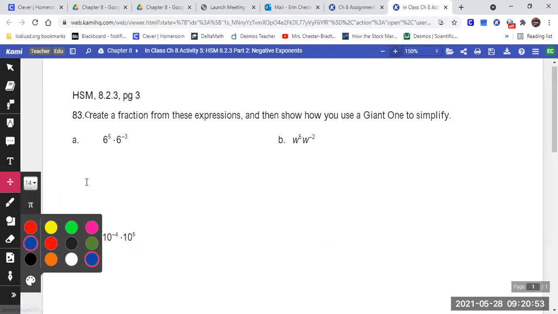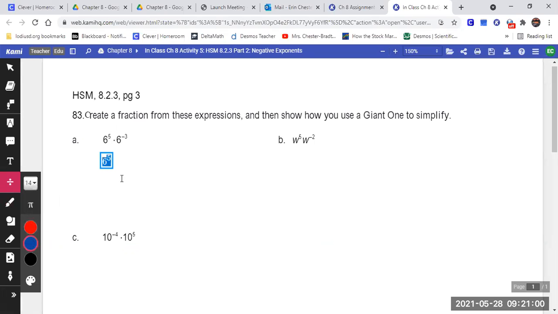So the first thing I'm going to do is rewrite this as 6 to the 5th, highlight the whole thing, over 6 to the 3rd, because that negative exponent really meant it was a fraction. All right?